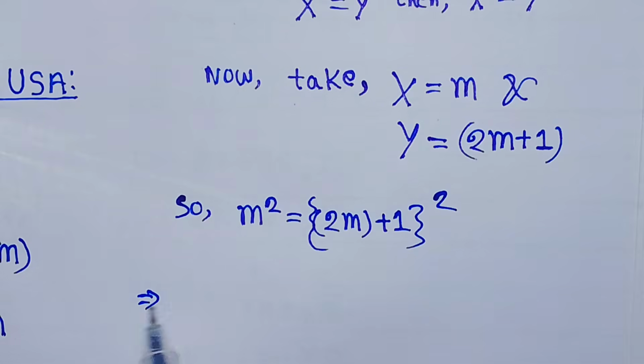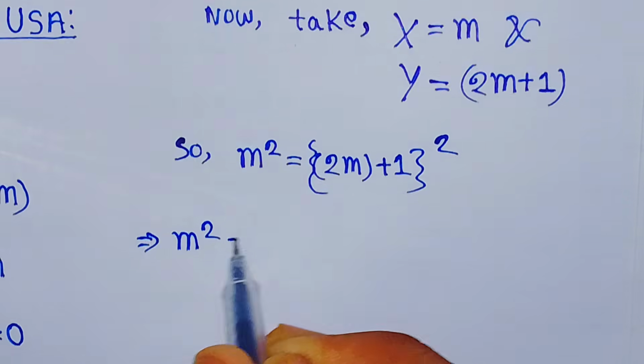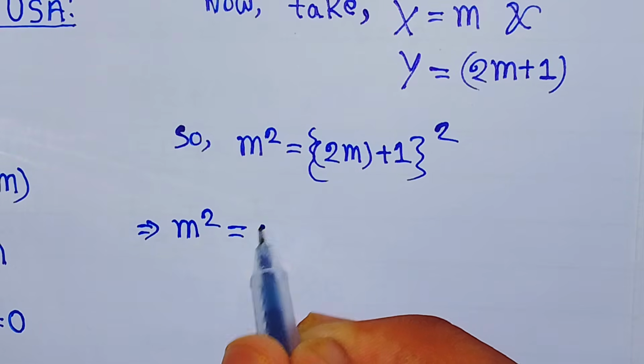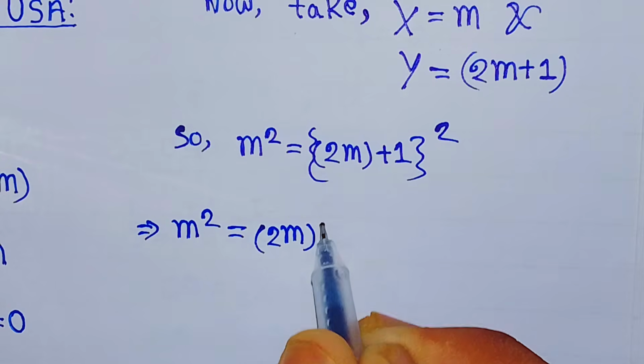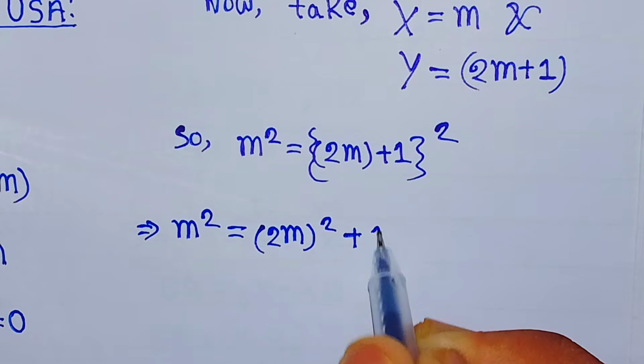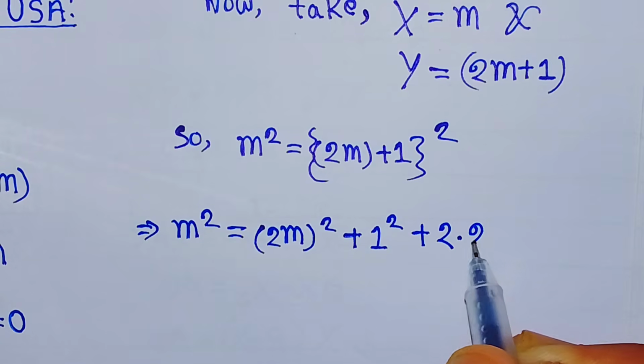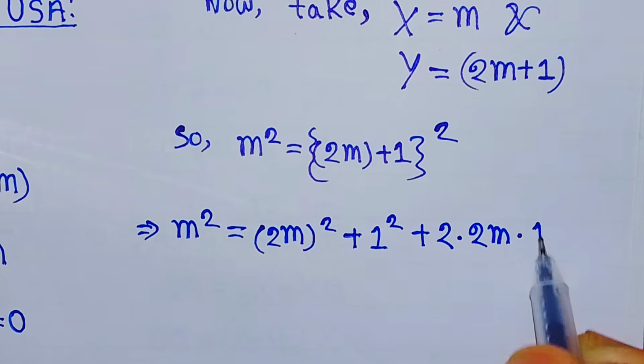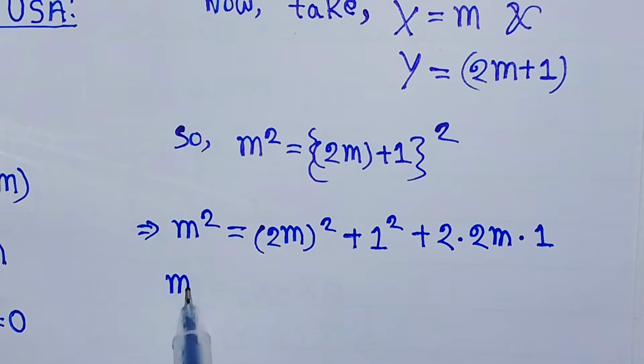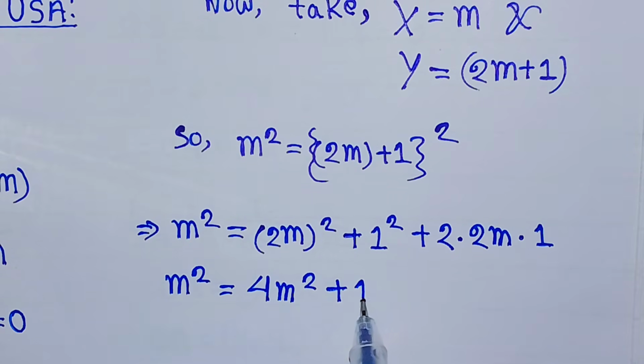We just square both sides, then we'll get m squared is equal to (2m) squared plus 1 squared plus 2 times 2m times 1. After that we will get m squared is equal to 4m squared plus 1 plus 4m.